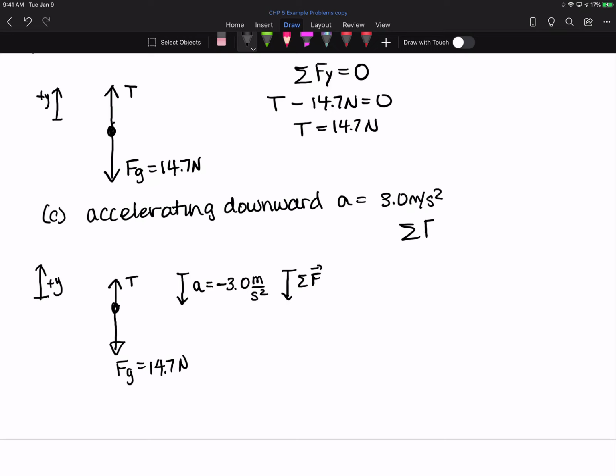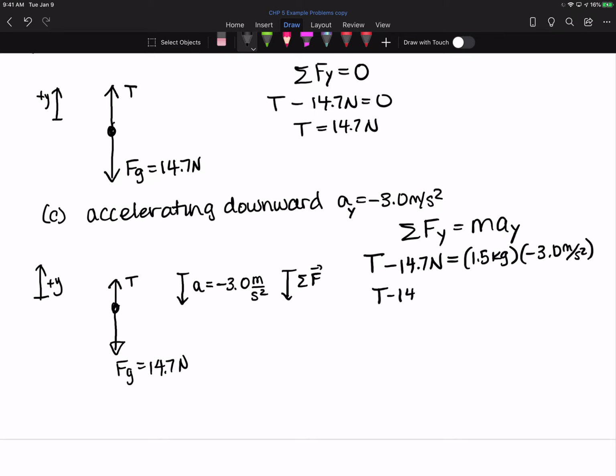So if I do the sum of the forces in the y direction equals the mass times the acceleration in the y direction, and I'm now going to go ahead and put in a negative sign there for my acceleration, the sum of the forces in the positive y direction is still the same. I have tension acting up, and then I have the force of gravity acting down, and this has to equal the mass of the fish times the acceleration, which is negative 3 meters per second squared. So the tension minus 14.7 has to be equal to negative 4.5 newtons.